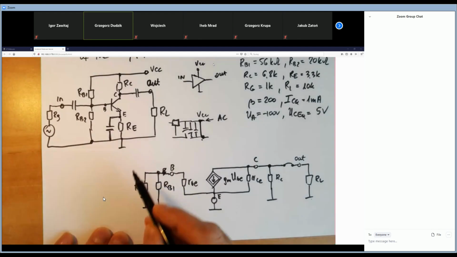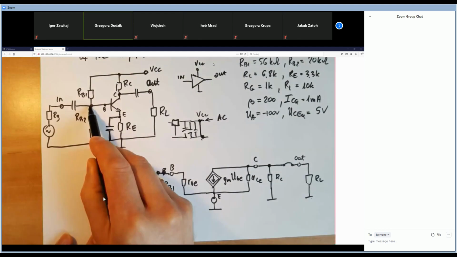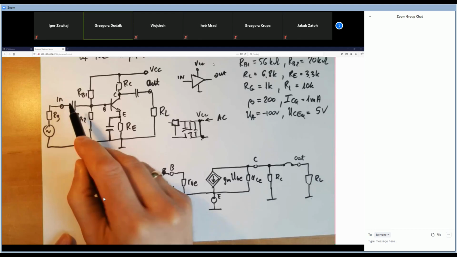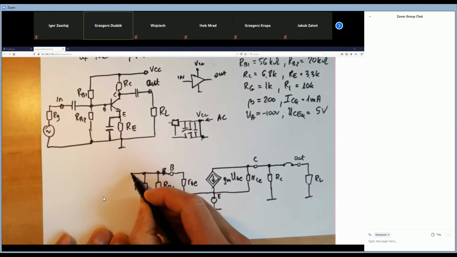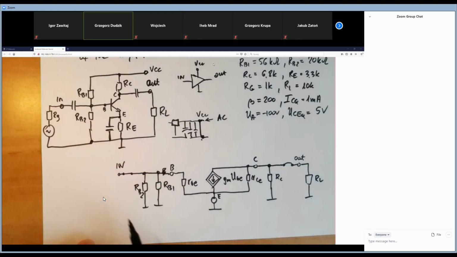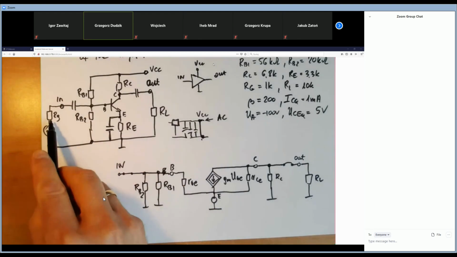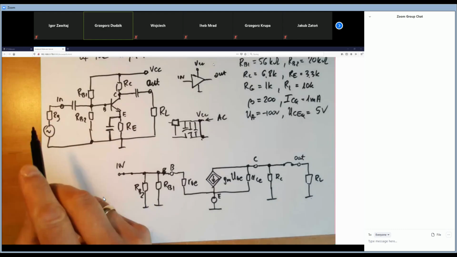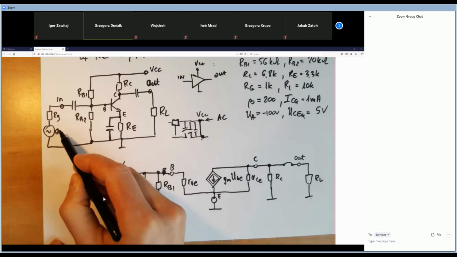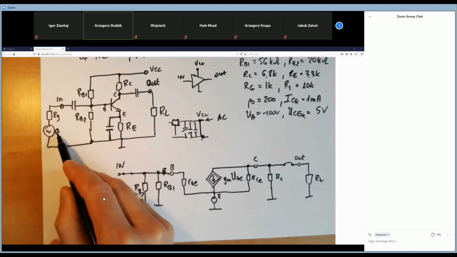Great. And also the base is connected to the input terminal by the capacitor, which for us is a short circuit. And what else? I have here the RG. RG is the internal resistance of our generator, or the input signal source.